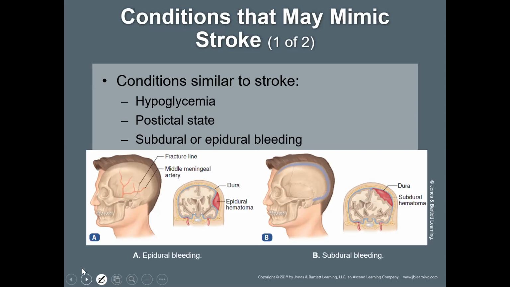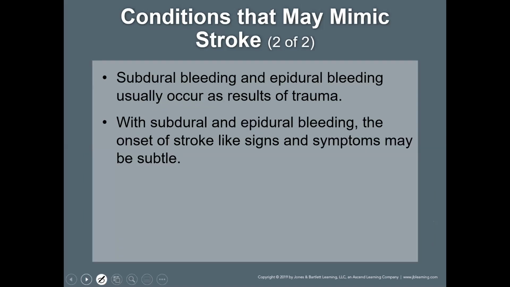So let's talk about that. The subdural and epidural bleeds usually occur because of a fall or a trauma or a smack in the head or something like that. With the subdural or epidural bleeding, the onset of stroke-like symptoms and signs may be very subtle. It's not like half their face is drooping off. It might be that they just can't feel one arm or something like that. And we will talk more about subdural and epidural bleeds in your trauma module.